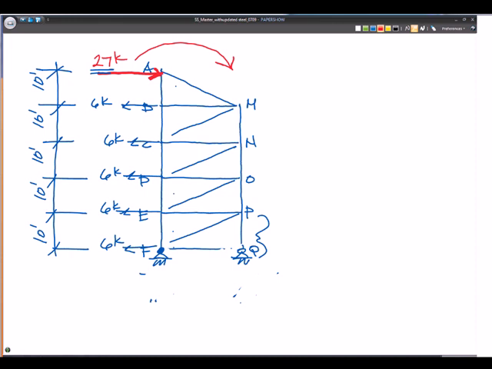Is 27 kips times 50 feet off the ground greater than all of these 6 kip loads that are at 40, 30, 20, 10, and 0 feet off the ground, causing counterclockwise rotation? I'm going to assume that they are. I think the net overturning is going to be in the clockwise direction, because that 27 kip load way up high seems like it's going to tip this thing over to the right more than those little 6 kip loads going back. Do you guys agree with that?